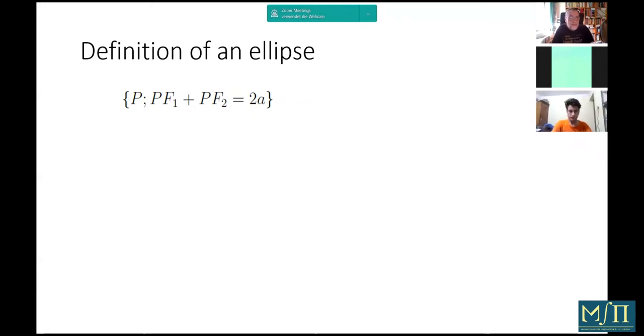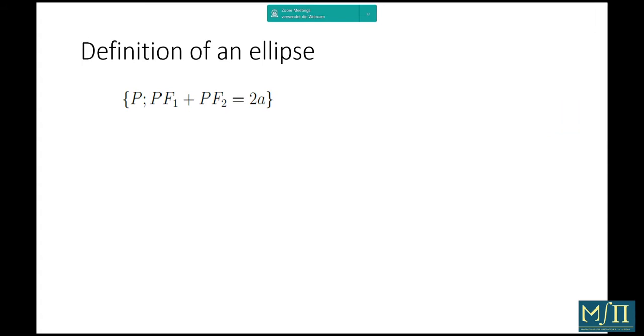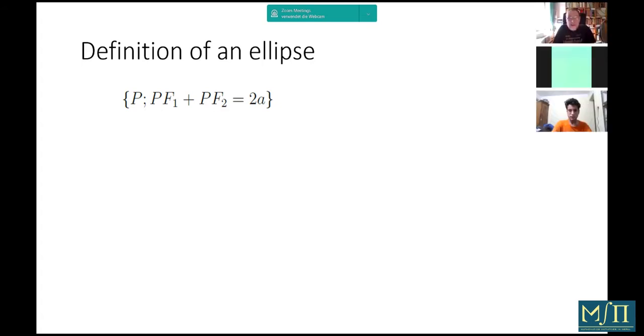The reason that we use the 2a is because a line segment of the length a, of course, will play a role in the construction of the ellipse. And of course, it's the same a that we also know from the analytic approach. So there is the connection right there, right from the beginning.